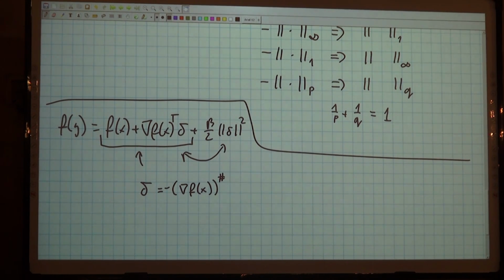Except now, what you will realize if you do the calculation is that if you measure your progress in L infinity, so if you care only about the maximum coordinate of your vector delta, then just taking it to be the minus gradient might be suboptimal. Why is it so? Well, maybe this gradient has one big coordinate and a lot of small coordinates.